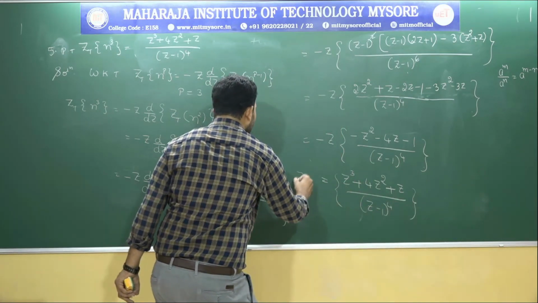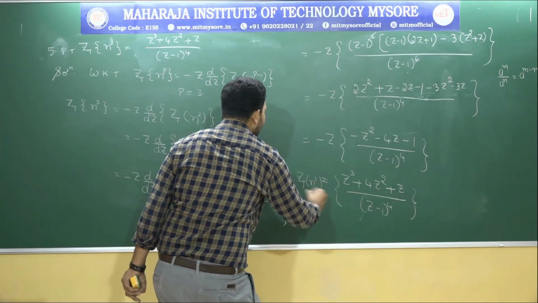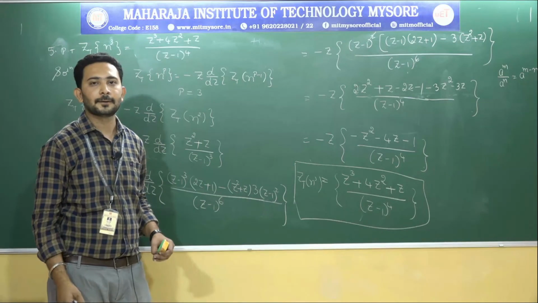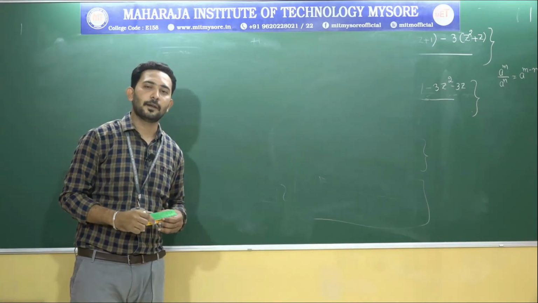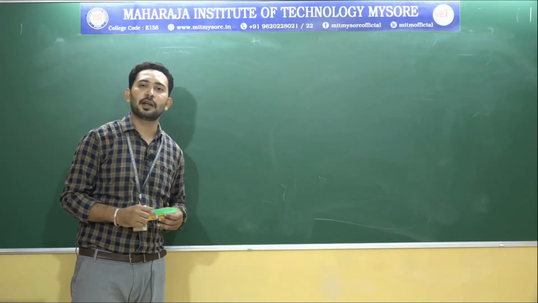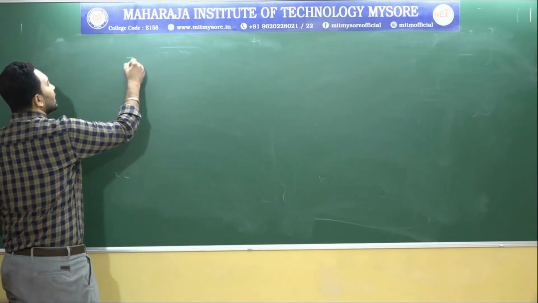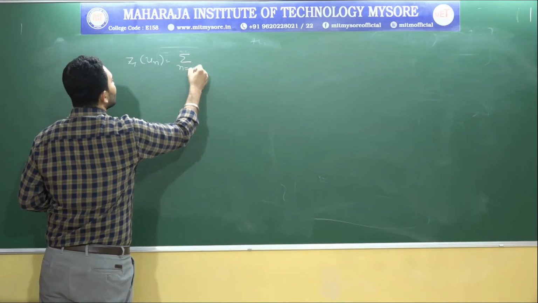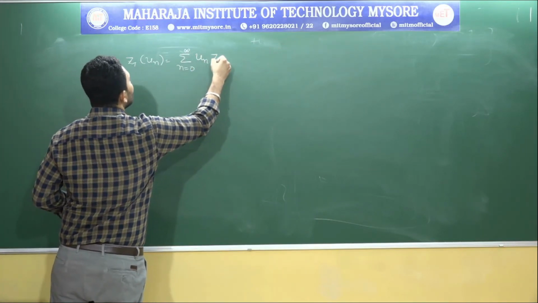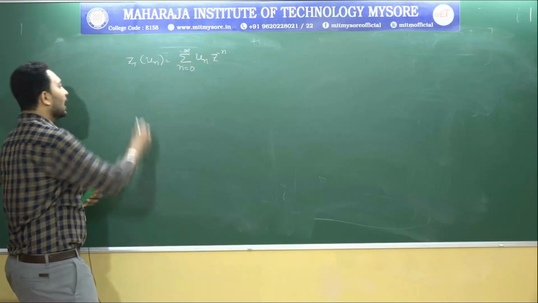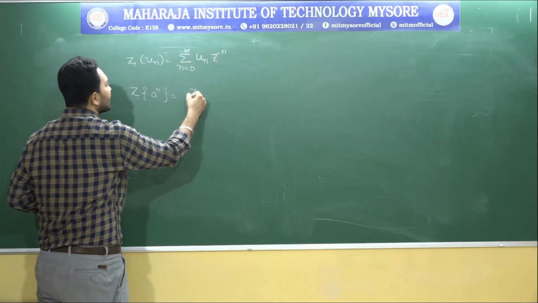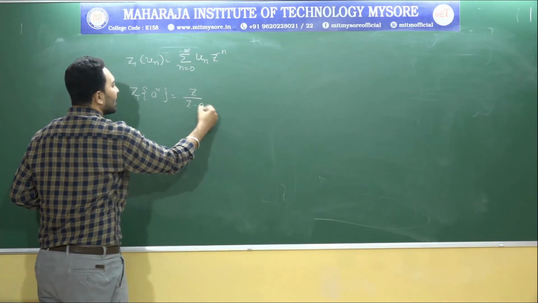So this is the z transformation of n cube. So far we have done the z transformation definition, that is the z transformation of un equals summation of n equals 0 to infinity un into z power minus n, and the z transformation of a power n, that is z divided by z minus a.